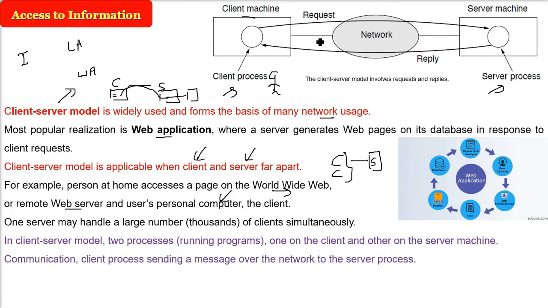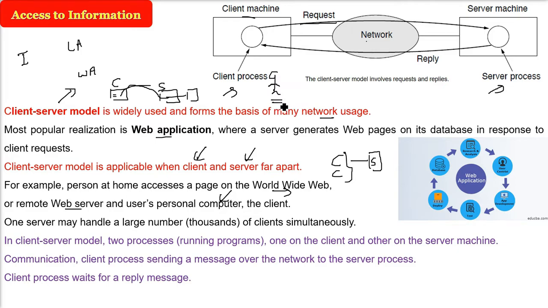Now, how does the communication take place? The client process is going to send a message using the network to the server process. These are actually computer programs communicating. So the client is sending a request. Now the client will wait for the reply message.